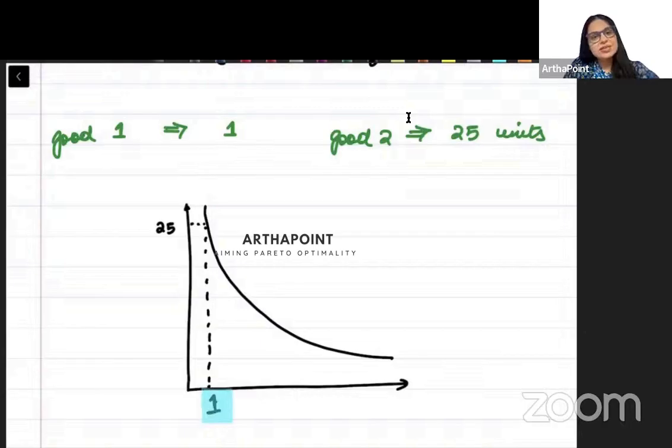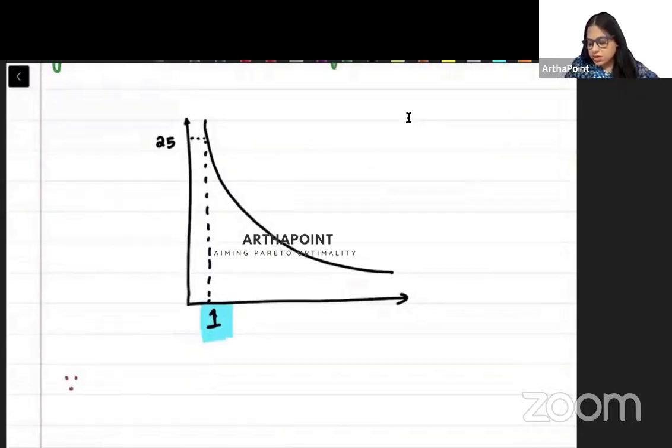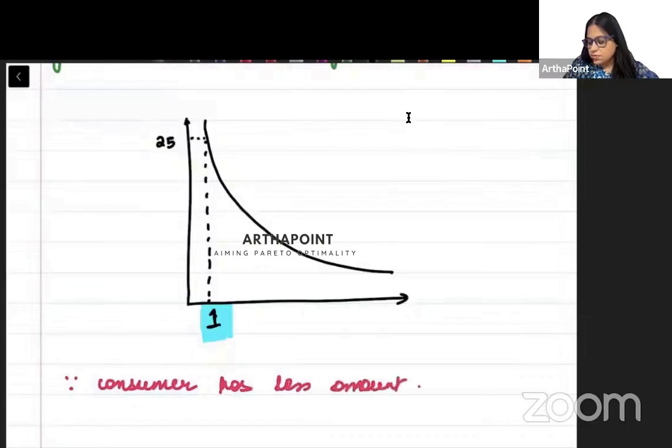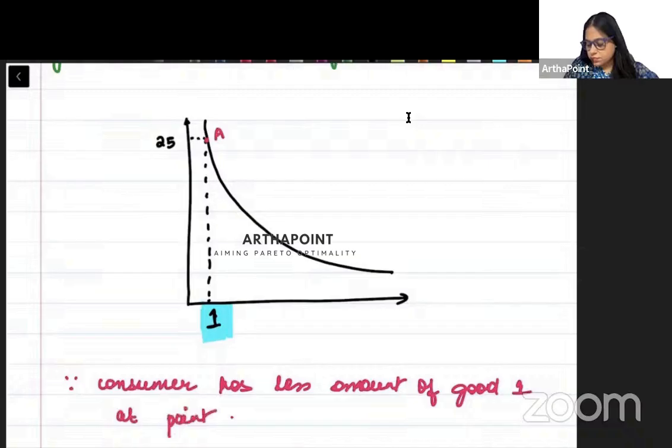I have very less amount of good 1. Since the consumer has less amount of good 1 at point A, he values good 1 more.